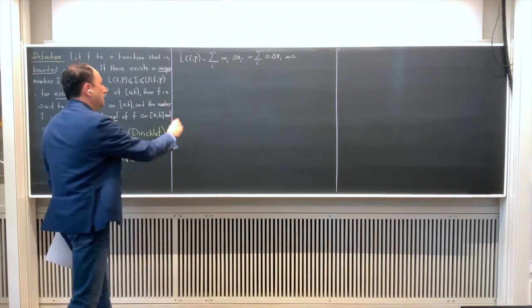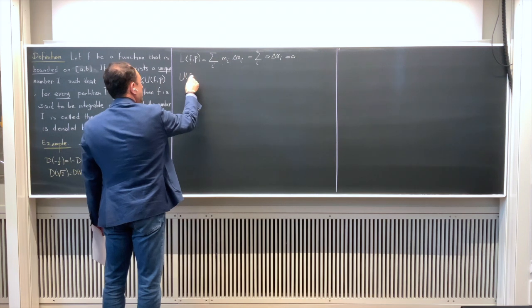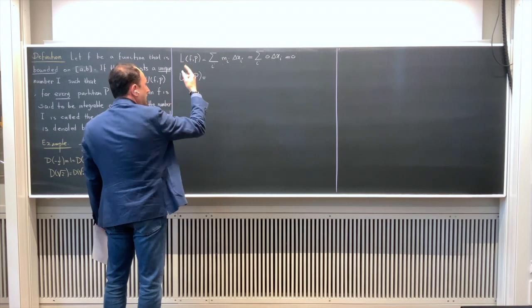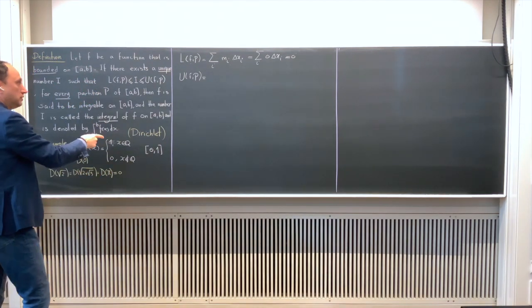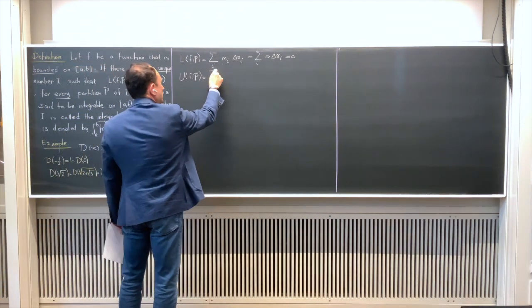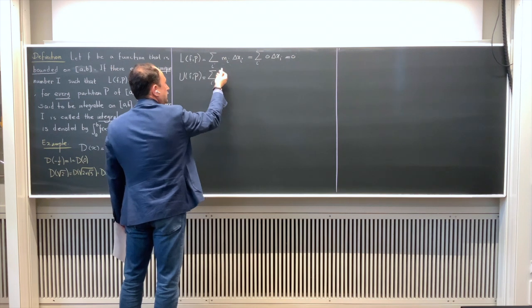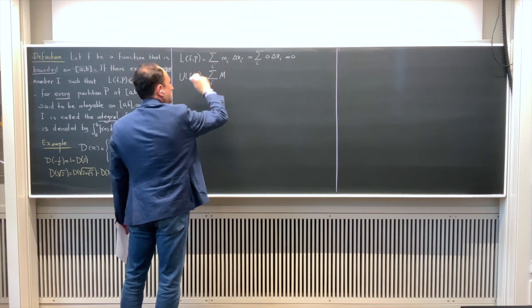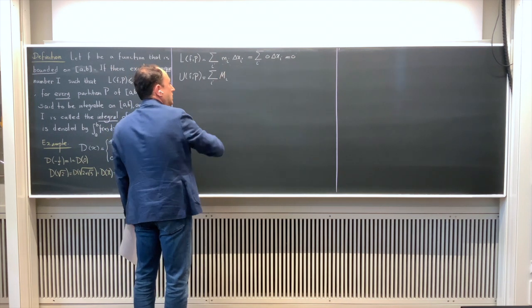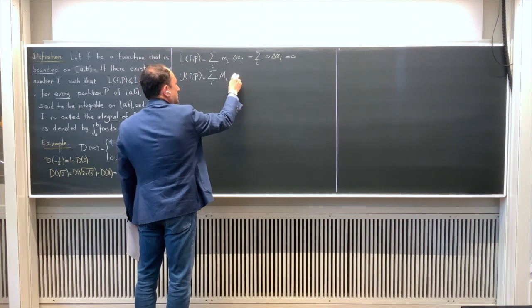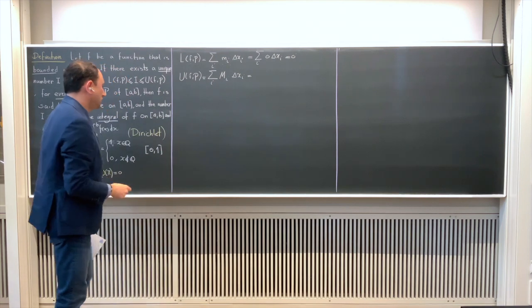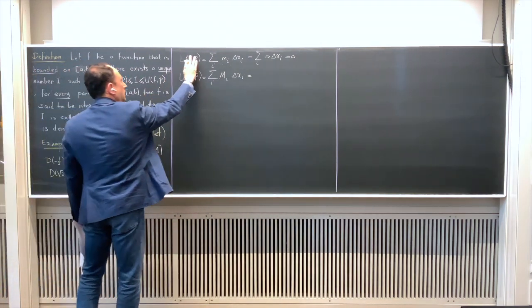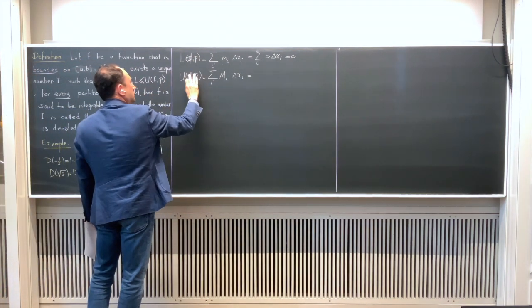Yes? And then I calculated U of f and p for the same function. Again, I am assuming that p is an arbitrary partition of that interval. If you recall, the definition is very similar, but instead of taking the minimum value, this time you take the maximum value times delta x i.